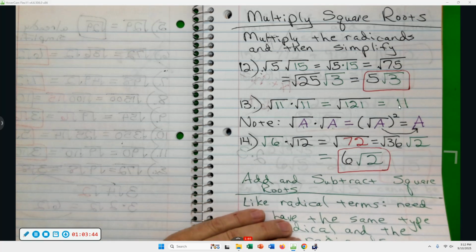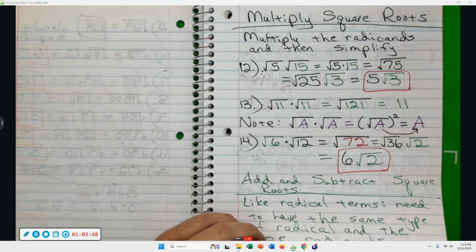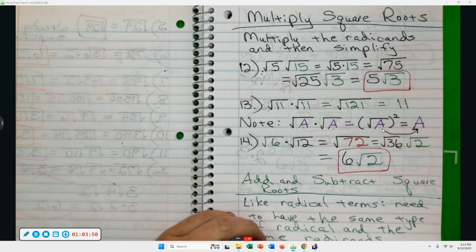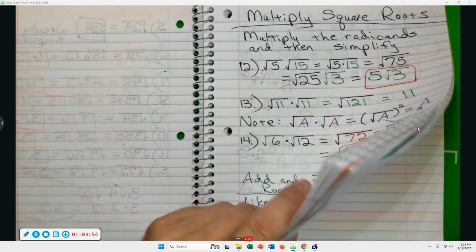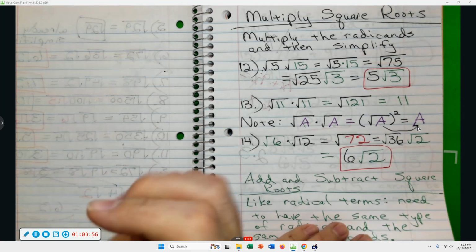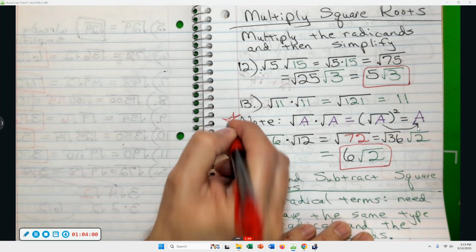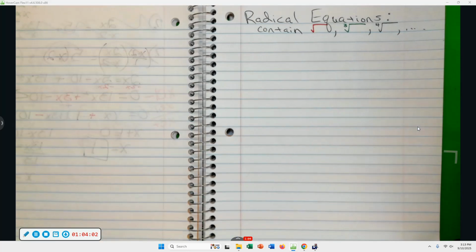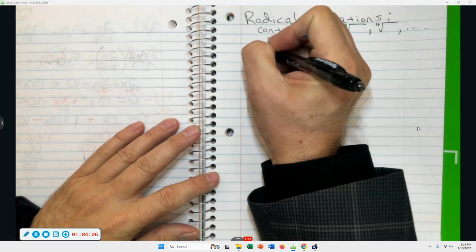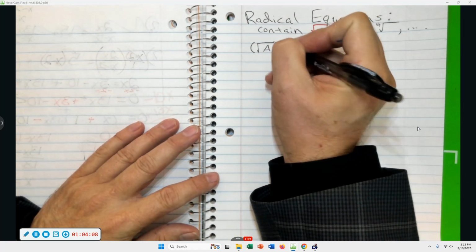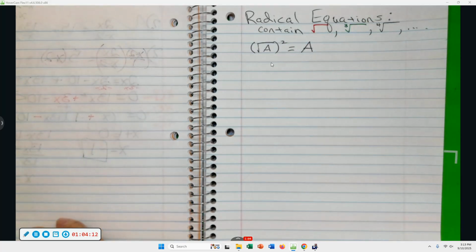Tony, when we wrote this down the first time, I think one of us even said that concept's going to follow you throughout the semester. It's so important. It's late, but I'm going to put a red star. That's a red star rule. You'll use it over and over. We said that if you had a square root of a and you squared it, that would just leave you with the radicand a.